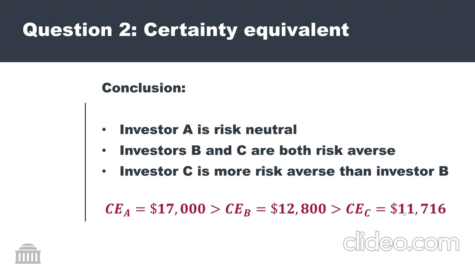So the difference between the certainty equivalent of investor A and investor B shows you how much more risk averse investor B is compared to investor A. And the certainty equivalent of investor B is greater than the certainty equivalent of investor C, which is $11,716, which again is due to the fact that investor C is more risk averse than investor B and is willing to trade this lottery for a lower guaranteed amount.